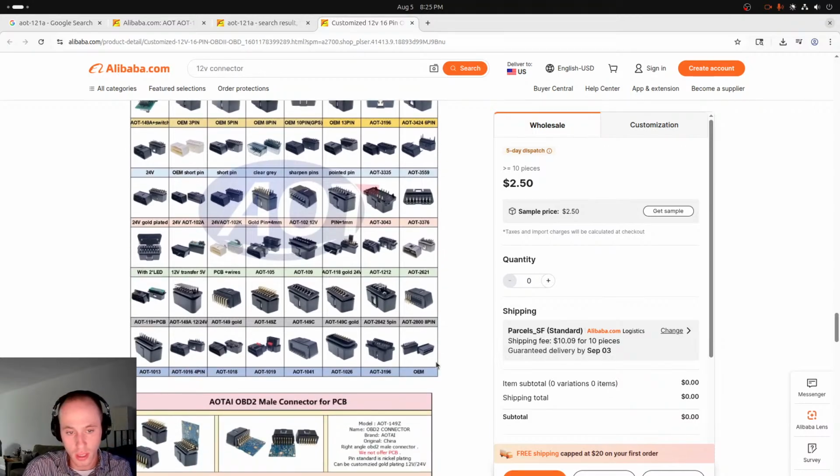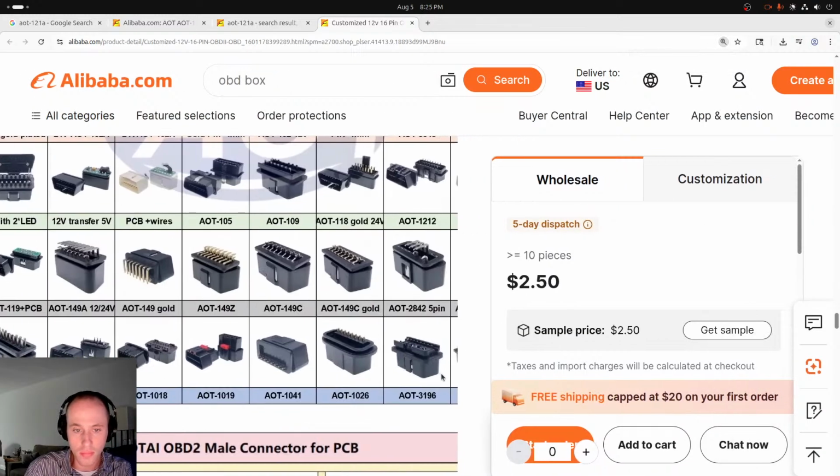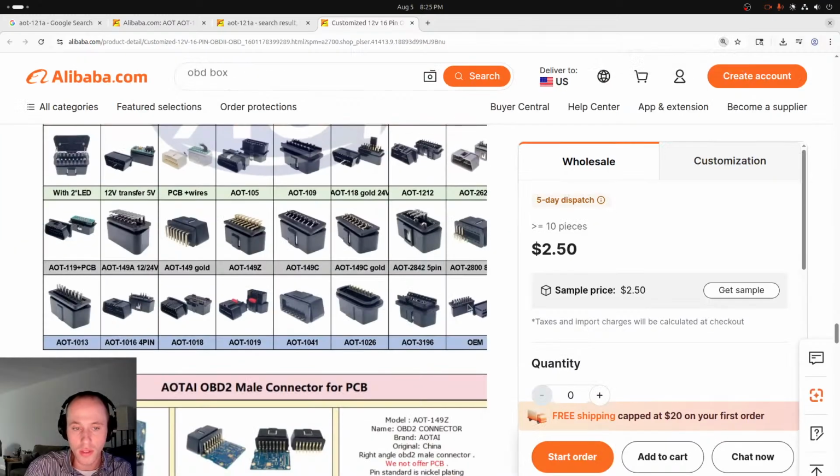Could be that it just comes with this one, the OEM version, which definitely looks like it's got different spacing than this one, which is the one that I think I sent to him.